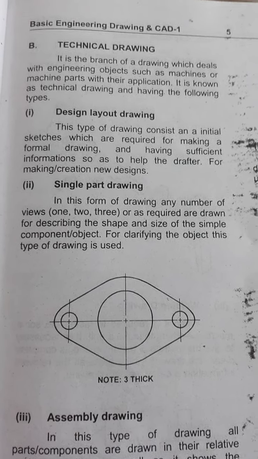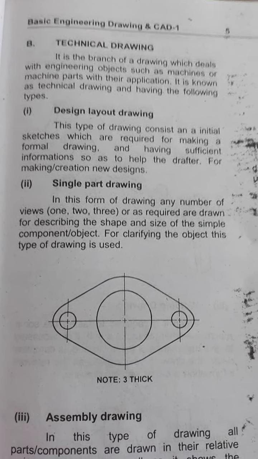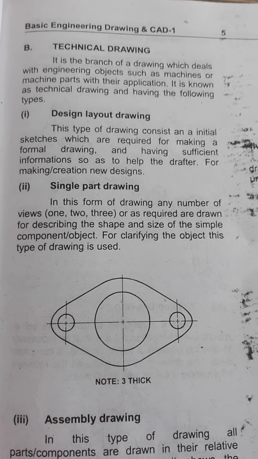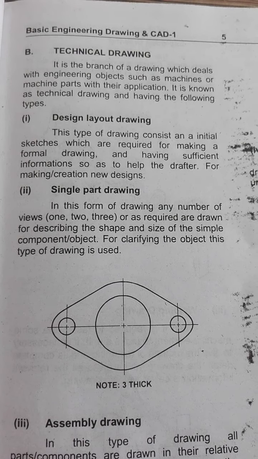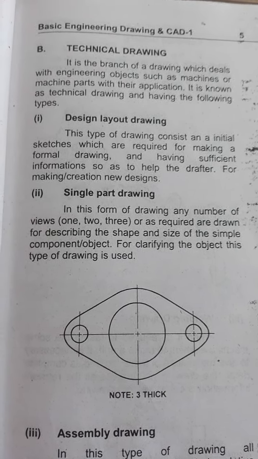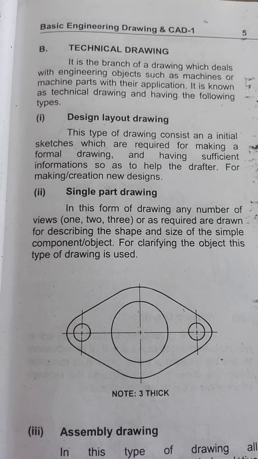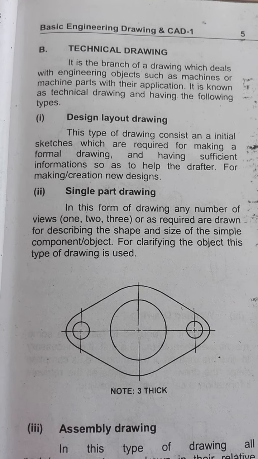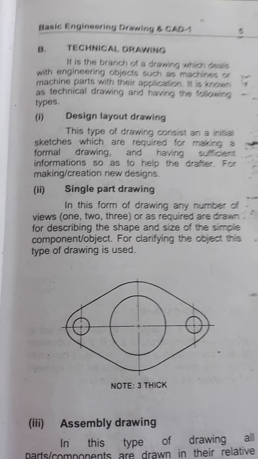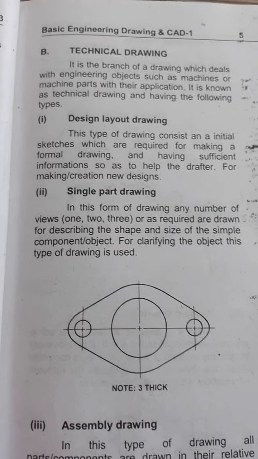Then we draw two surfaces or two views. For example, if we draw a part and full details are not available, then we will draw its two views, like front and top, or front and side.